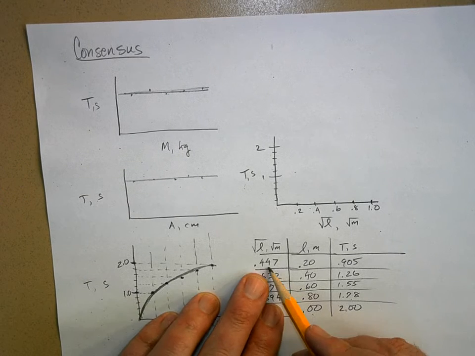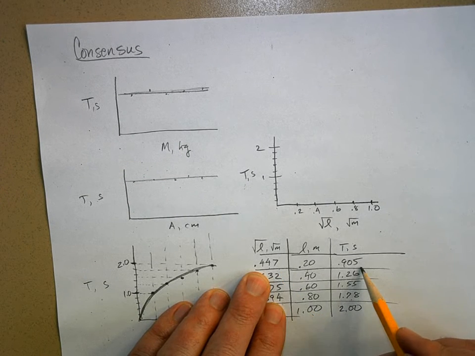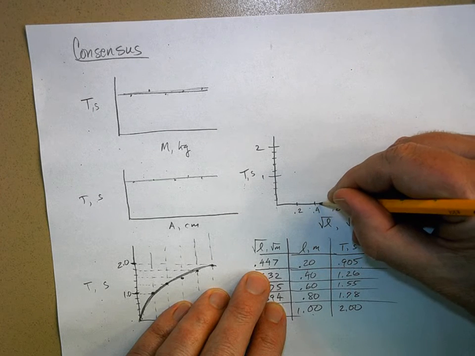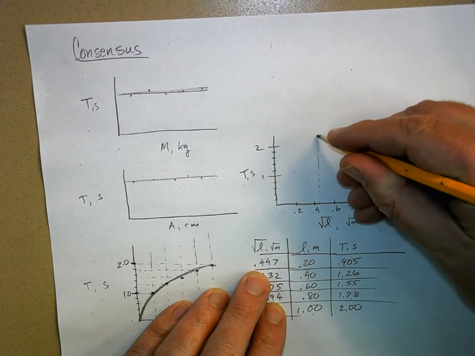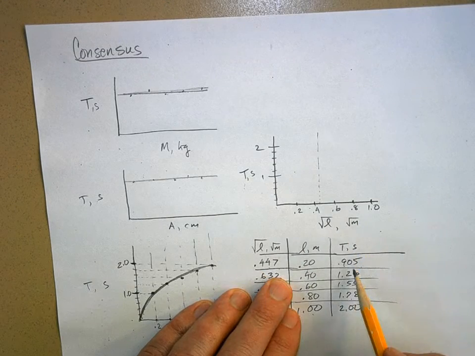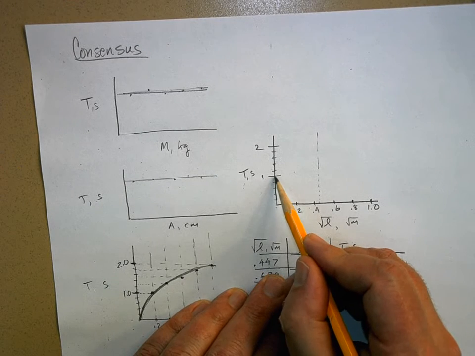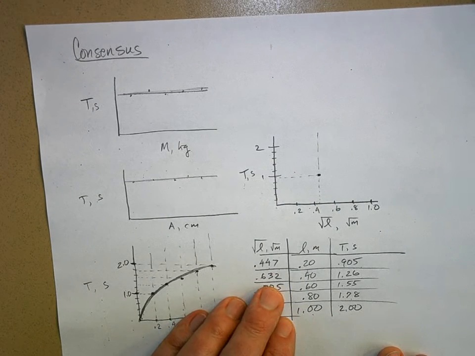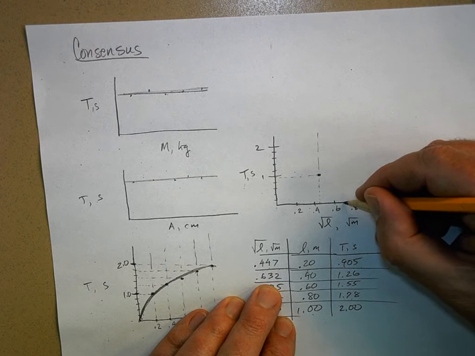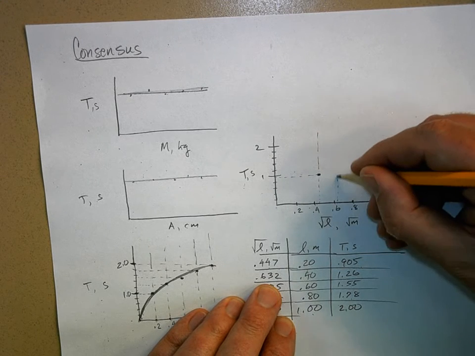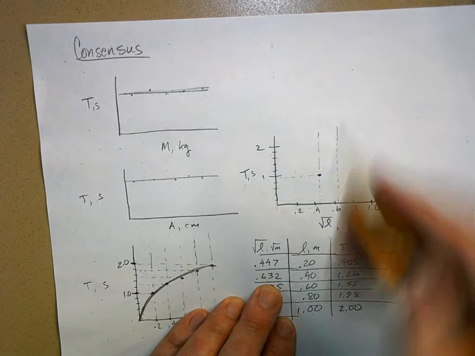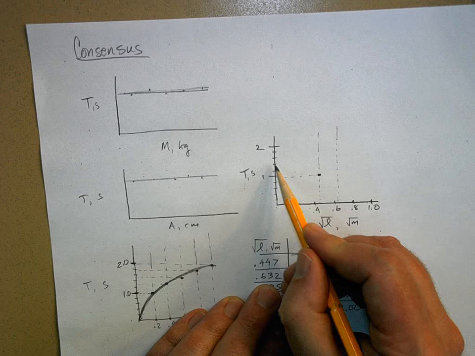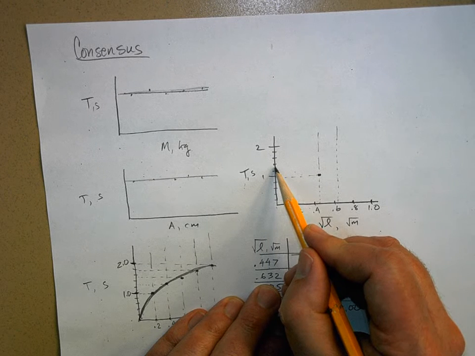And so at 0.447, we have a period of 0.905. So 0.4, here's 0.5, 0.447 will be right about there, and the period is 0.905, here's 0.9 right there. And 0.632, between 0.6 and 0.7, right about there, and this would be 1.26, right about there.